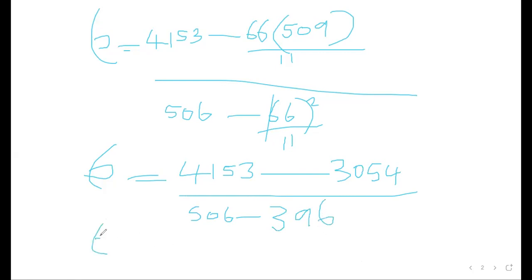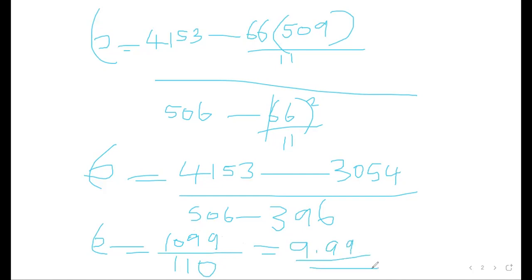So meaning our b is 4153 minus 3054, which is 1099, over 506 minus 396, which is 110. So what are we getting? It's 9 point what? 9.99. That is our beta.